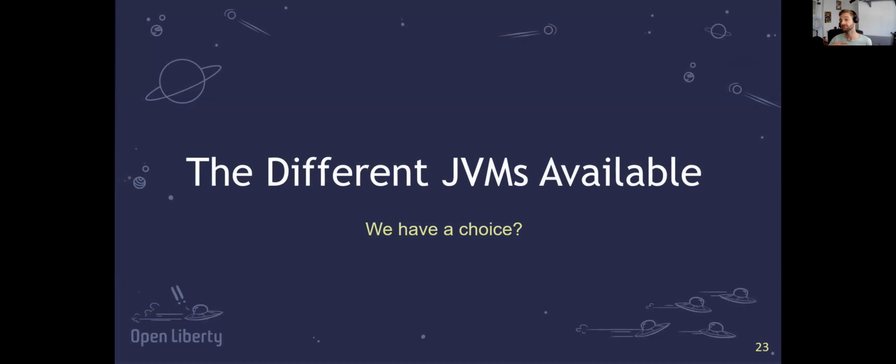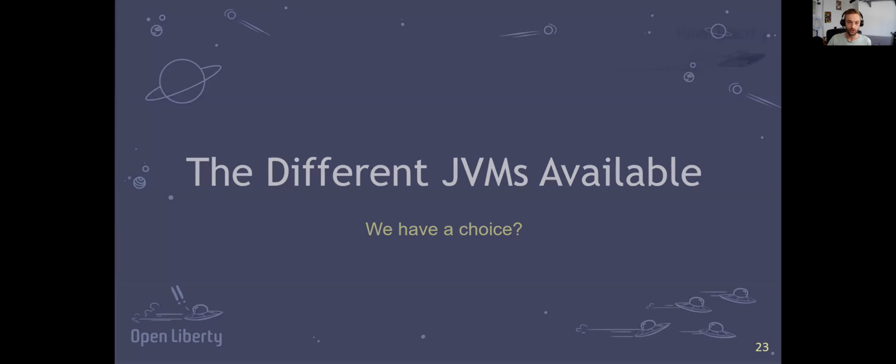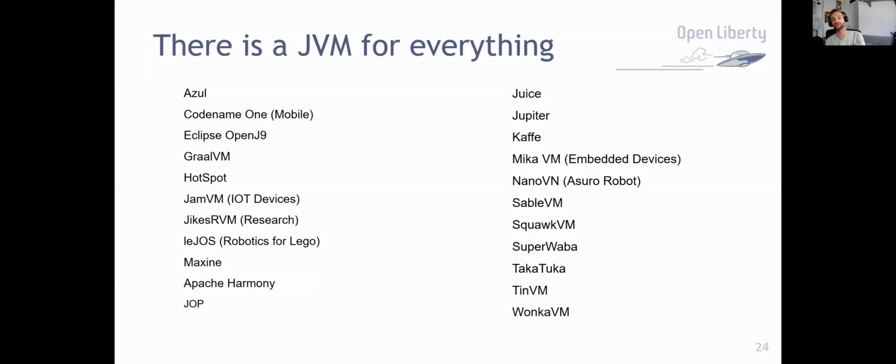Right, so there are lots of different JVMs available. Yes, you do have a choice, and there's pretty much a JVM for everything these days. There are some great named ones like Wonka VM, etc. So just have a look. It depends on what you're building. There are JVMs built for IoT devices, and a JVM literally built for robotics for Lego, which is cool.